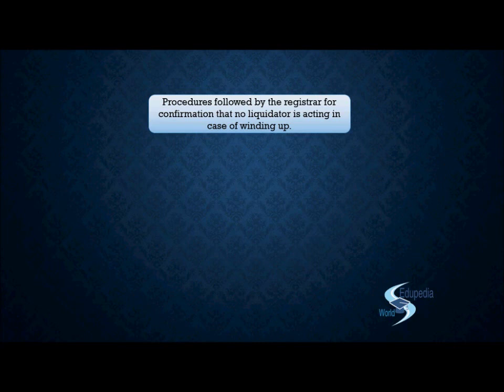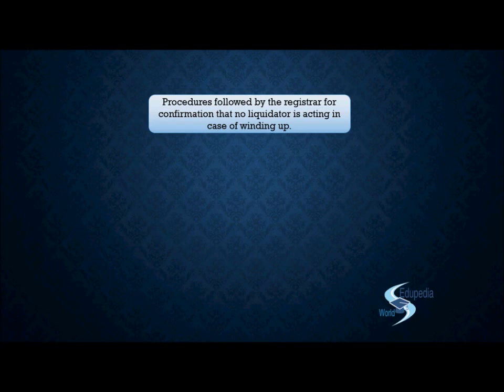Or the other situation is that the company has gone into voluntary winding up, either through the members or through the creditors, or they started with voluntary winding up but are now being supervised by the court. So in any of these three situations the company is succumbing to winding up. Now, when will there be a situation when the winding up procedure is not being conducted?